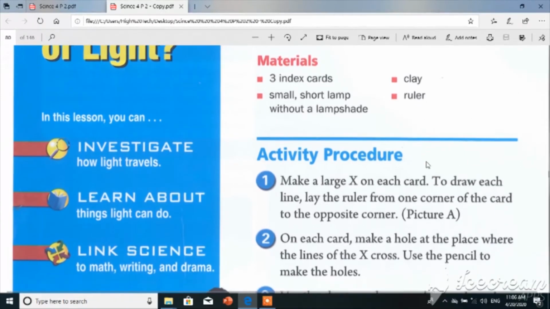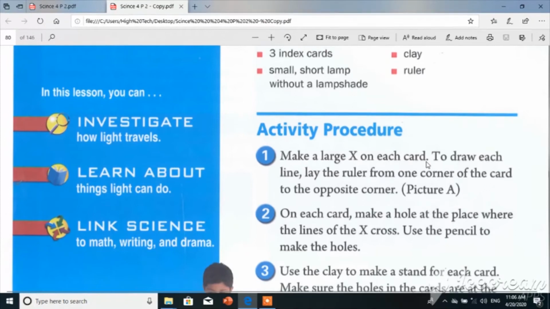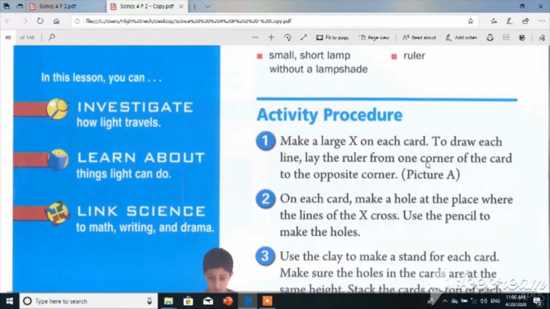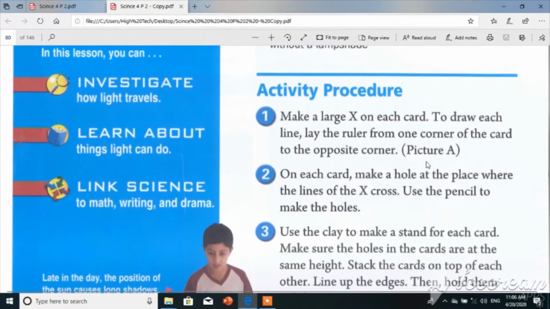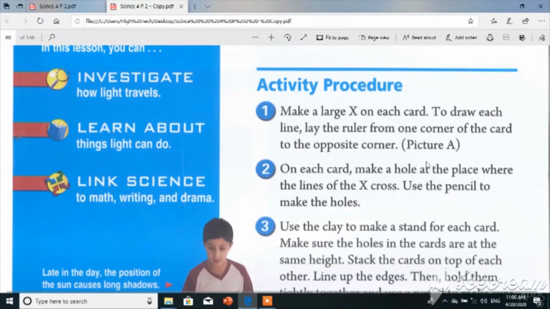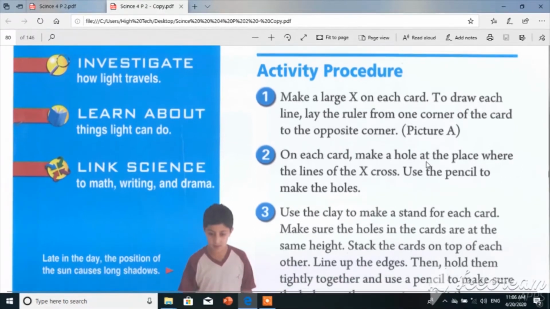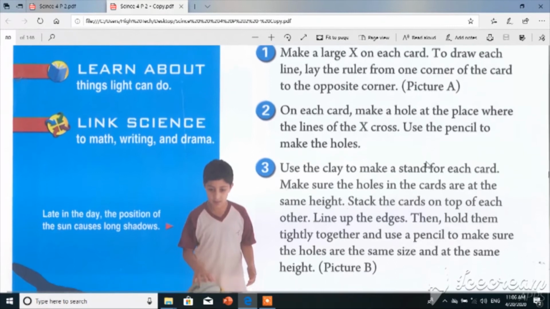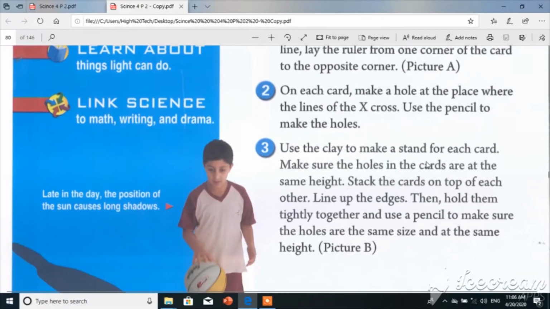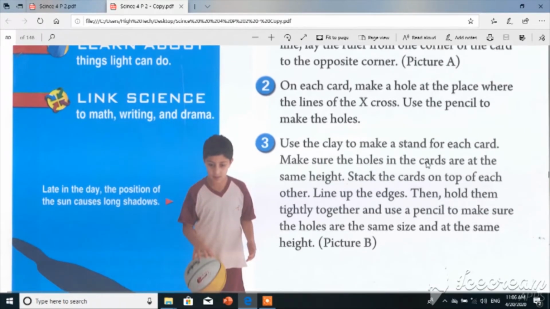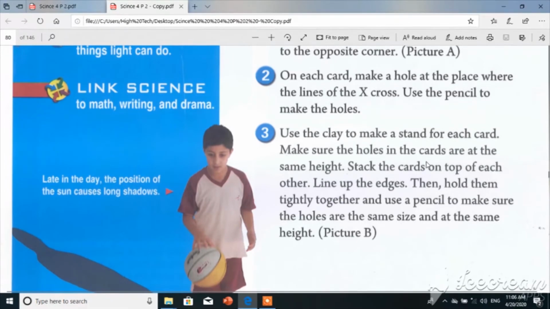Look at picture 8. On each card, make a hole at the place where the lines of the X cross. Use the pencil to make the holes. Three, use the clay to make a stand for each card. Make sure the holes in the cards are at the same height.